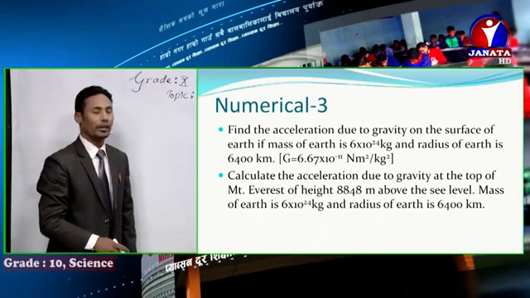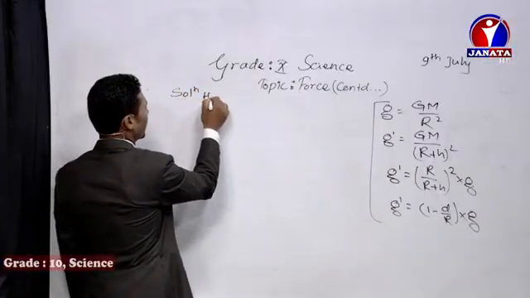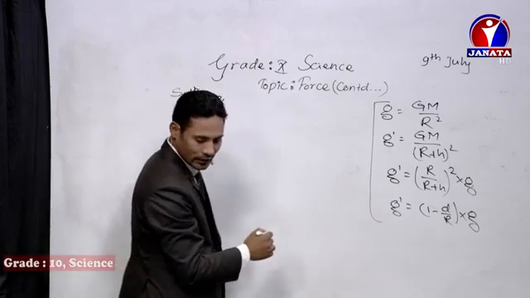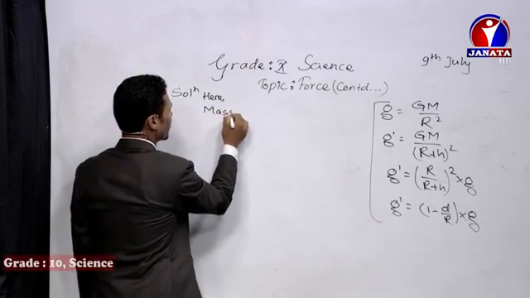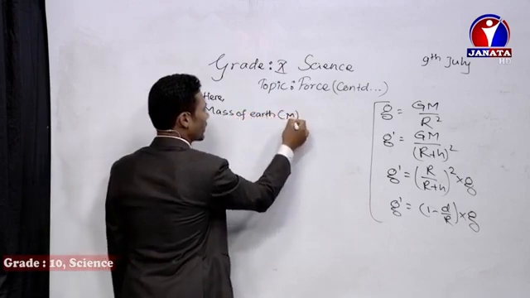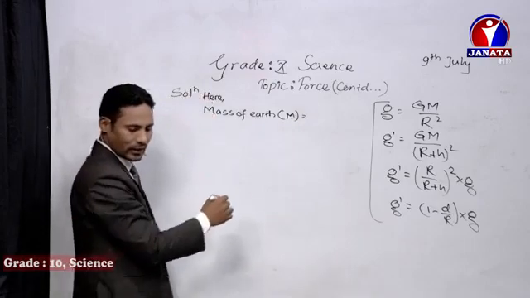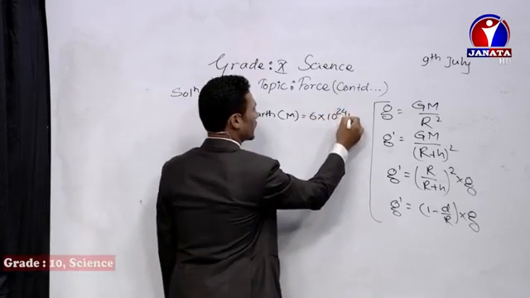So what is given over there? Let's list out. Solution: the mass of the Earth is given, which I will represent by capital M, 6 into 10 to the power 24 kg.